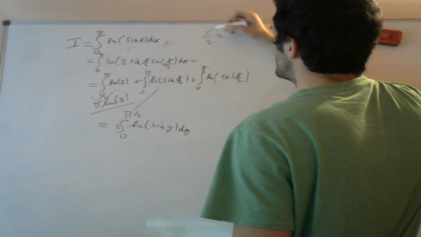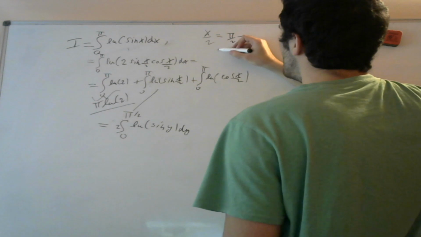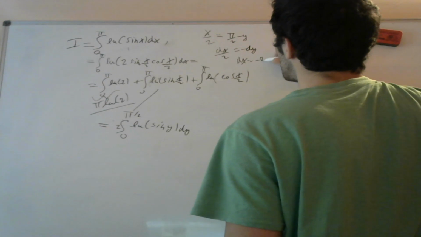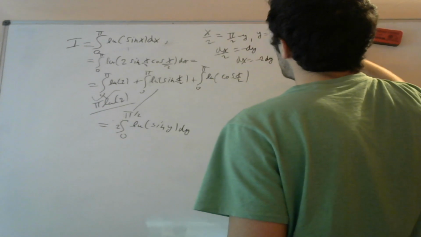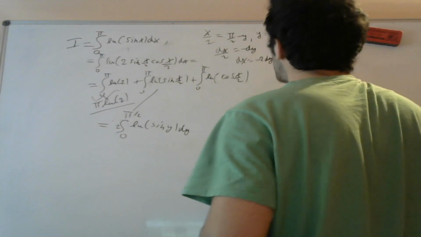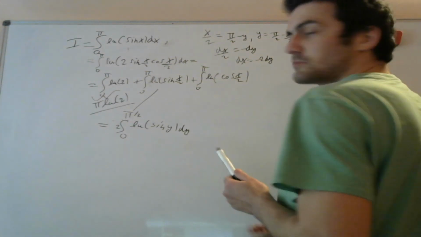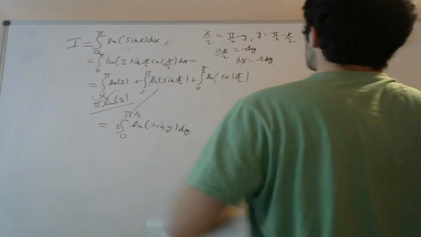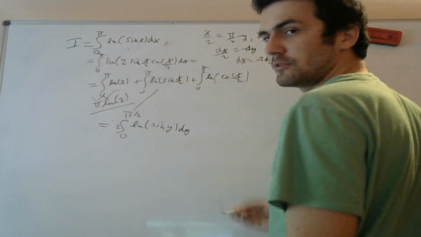So x over 2 equals pi over 2 minus y, dx over 2 equals negative dy, dx equals negative 2 dy. When we solve for y, we get pi over 2 minus x over 2. When x is pi, this is basically 0. When x is 0, we get pi over 2.